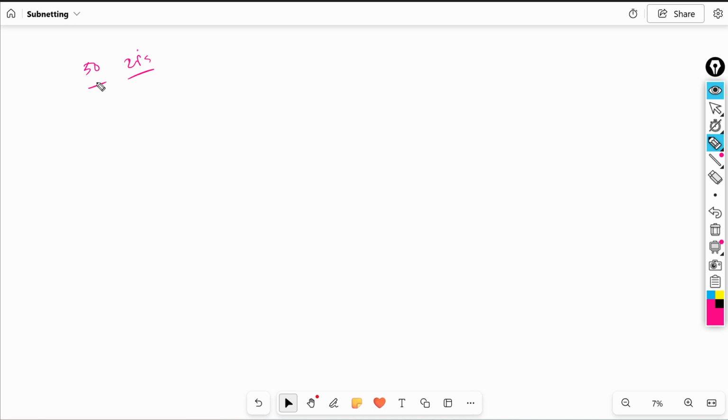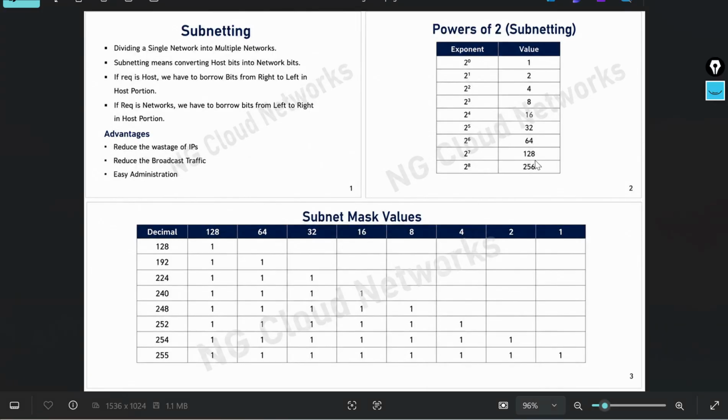But here we cannot take exactly 50 IPs. So we should take IPs based on these numbers.